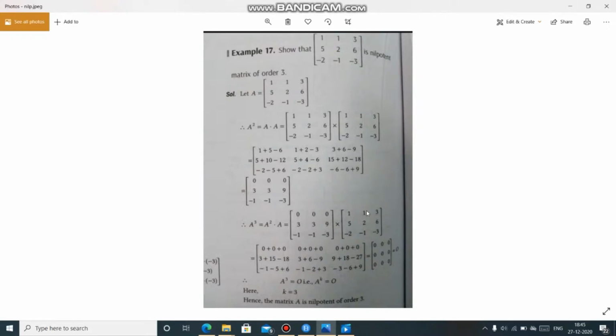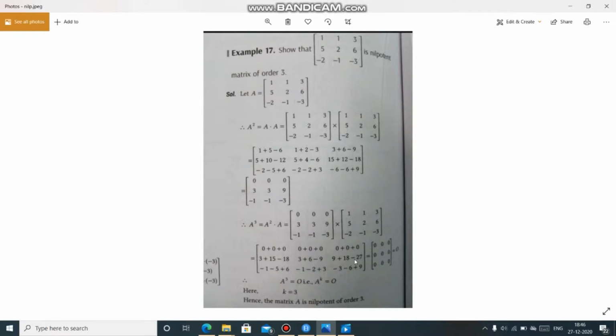Second row with second column, we get 3 ones are 3, 3 2s are 6 and 9 ones are 9, plus into minus minus. Second row with third column, we get 3 3s are 9 and 3 6s are 18 plus 9 into minus 3, it is minus 27.